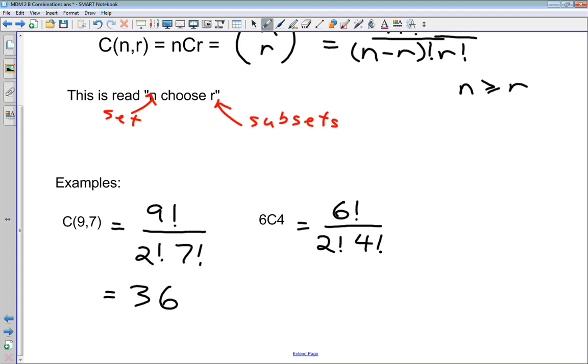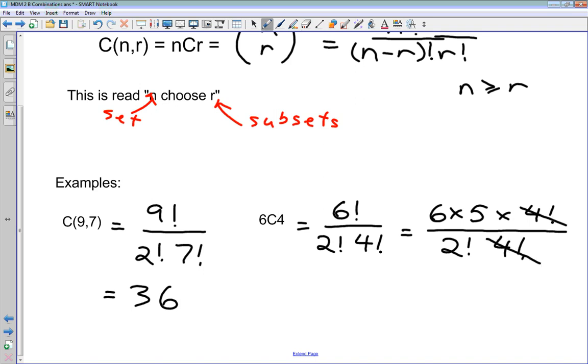We could think of 6 factorial as 6 times 5 times 4 times 3 times 2 times 1, which is just 6 times 5 times 4 factorial, divided by 2 factorial, 4 factorial, and then cancel out the 4 factorials, and this thing would be just 15. So either on your calculator, or sometimes you can use this factorial canceling that we've practiced.